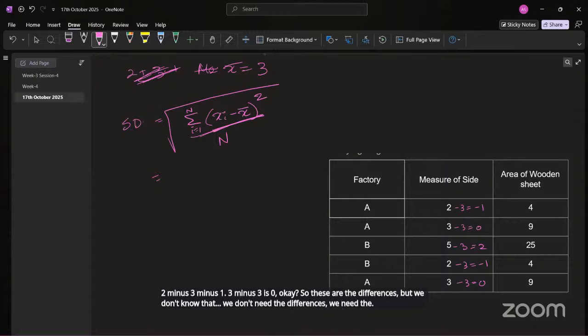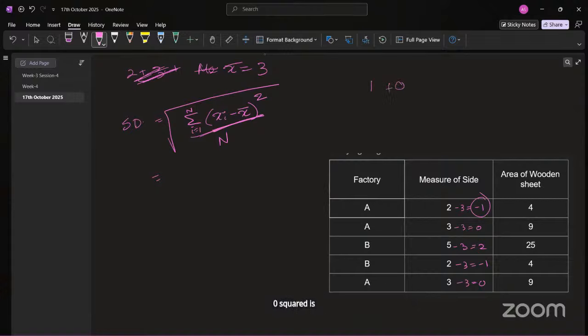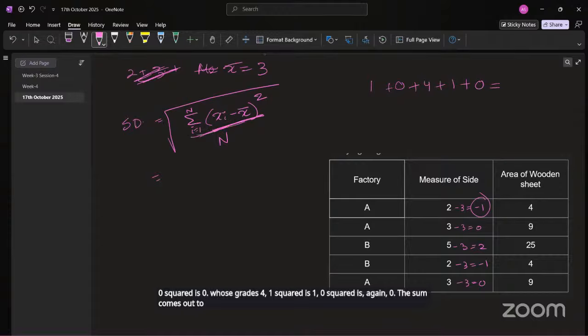We need the square differences, right? Because if we add these up, they will get subtracted and come out to be 0. So you calculate the square. Minus 1 square is 1, 0 square is 0, 2 square is 4, 1 square is 1, 0 square is again 0. Now we are summing these up.